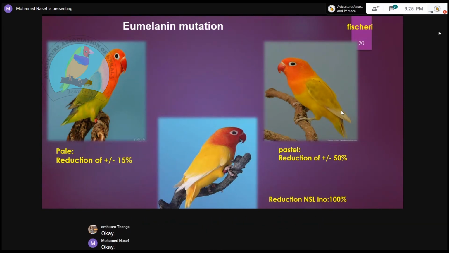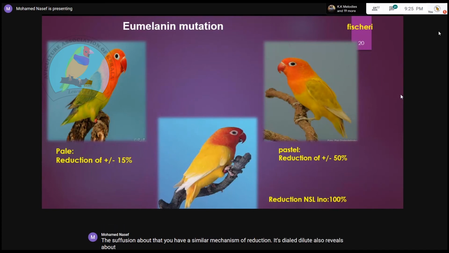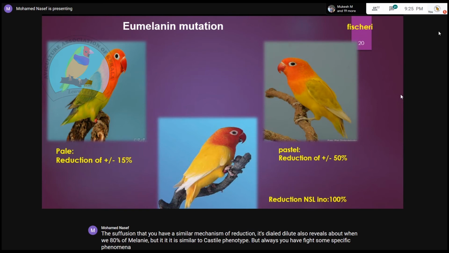The suffusion, but you have a similar mechanism of reduction. It's dilute. Dilute also reduces maybe 80% of melanin, but it is similar to the pastel phenotype. But you always find some specific phenomena in pastel. Pastel has not a solid, not a smooth color in the body color. It's all suffused. Look at the photos.